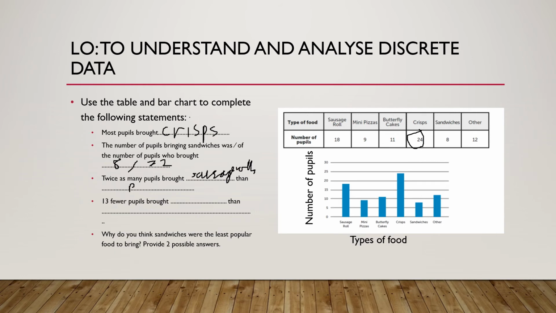As pizzas, I'm not going to write the mini because I find it very difficult to write here with my computer. 13 fewer pupils brought something and something else. Oh, what I would do is actually see if there is something where there's 13 more of something. There is butterfly cakes and crisps. So the fewer pupils brought butterfly cakes. I'm just going to write the cakes here. Making me hungry, this. Then crisps.